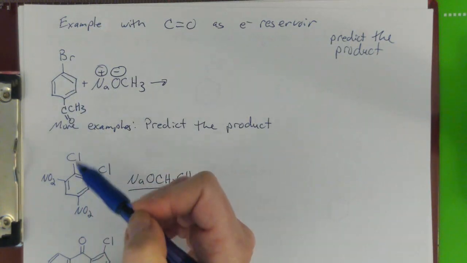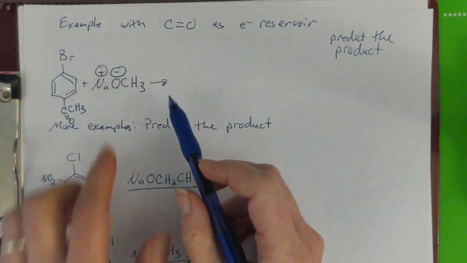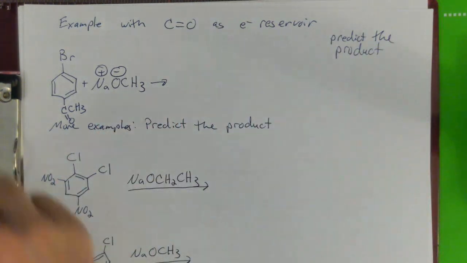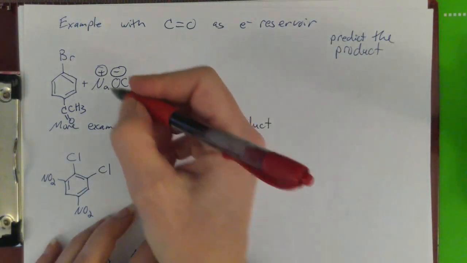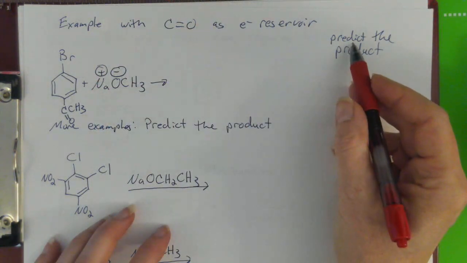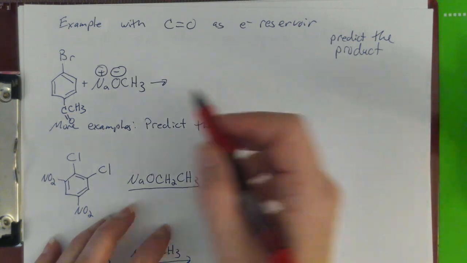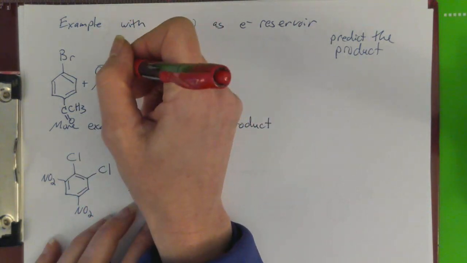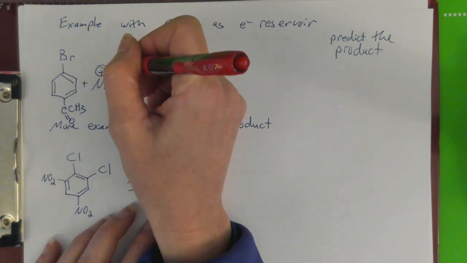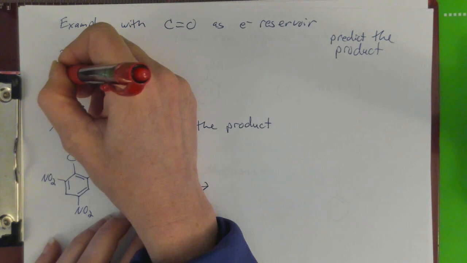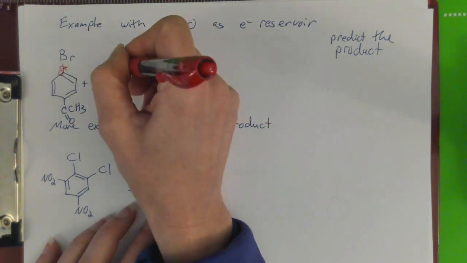Okay, so that's good. I'm going to do this now a little faster than drawing out all of the resonance contributors. When on an exam you're just asked to predict the product, if you want to quickly imagine what is happening here, I can take my nucleophile and attack. Remember, this has a partial positive charge on it.